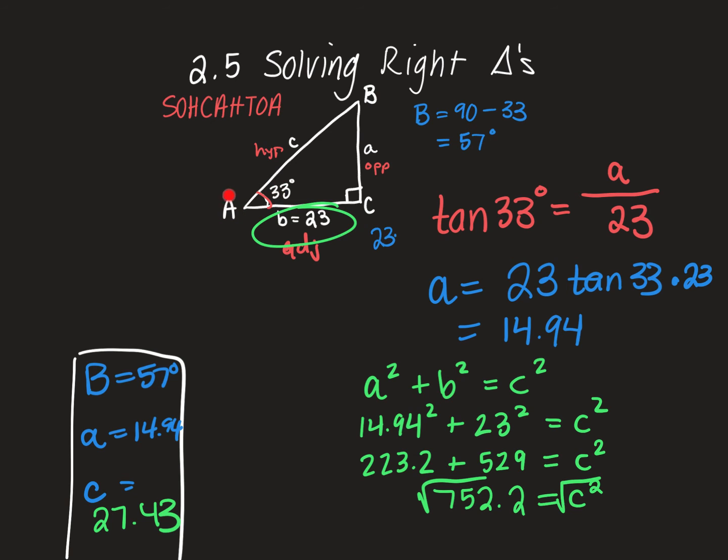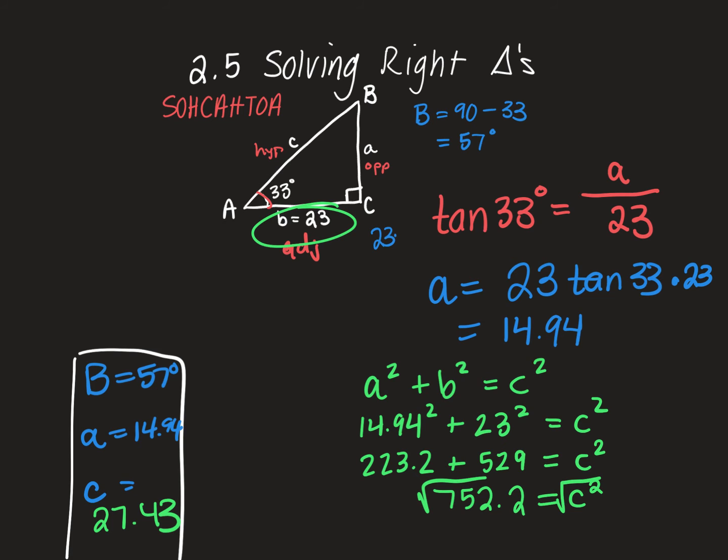That makes this your reference angle, and you have to use this side, so anything that's going to have that adjacent side, and then whatever side you want to look for. When we found A, we used tangent because with that being our reference angle, that was opposite over adjacent.